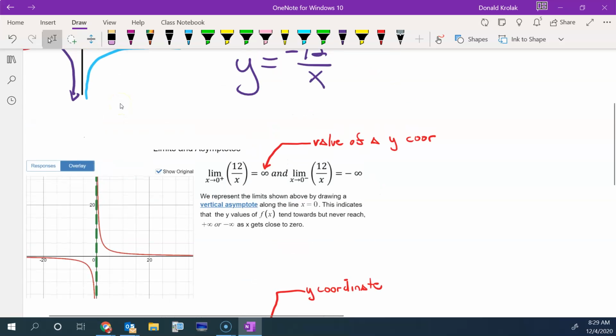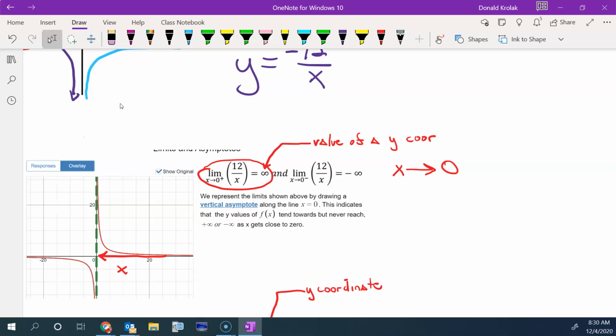All right, so what this is telling me is that the y coordinate is approaching infinity as x gets really close to 0. So this whole limit, all this notation, just means as x gets close to 0 from the right, so I'm over here on the right and I'm moving towards 0.